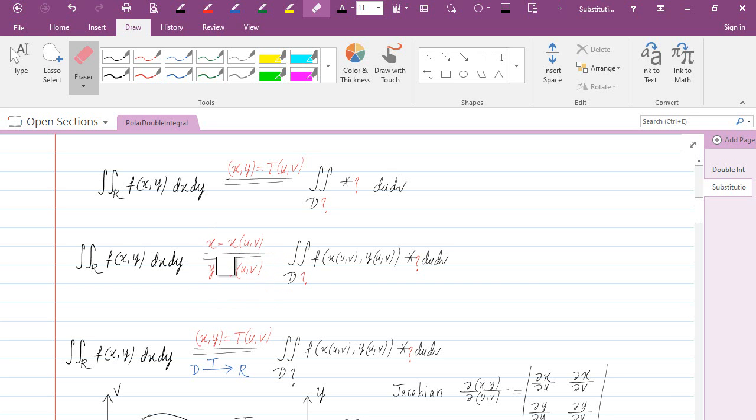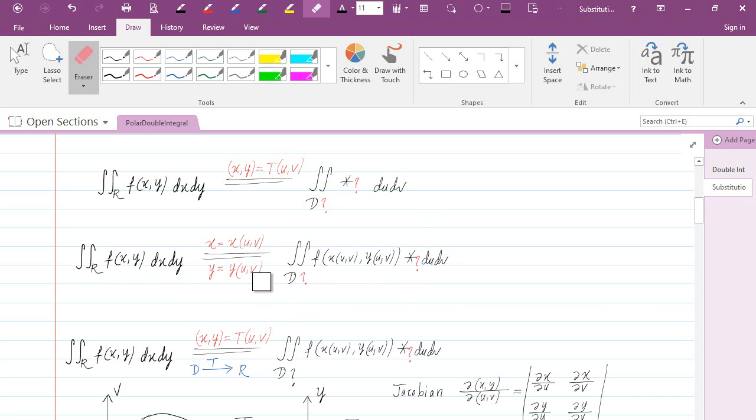And so if we do that, then the new integrand will have two factors, and the first factor is basically obtained by substituting x of u v and y of u v for x and y in the original integrand. And then we have this extra factor that we are going to see what that is.